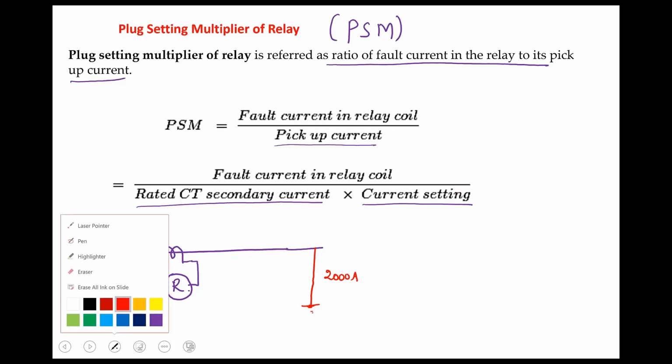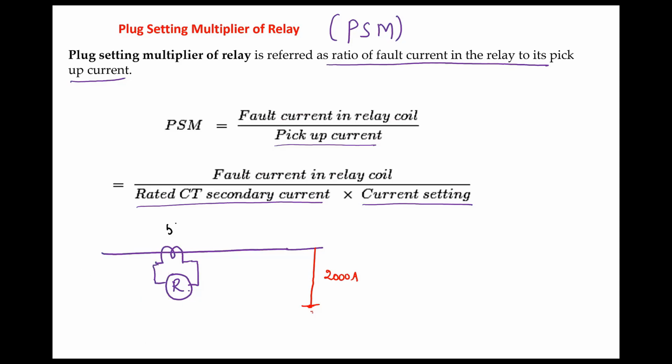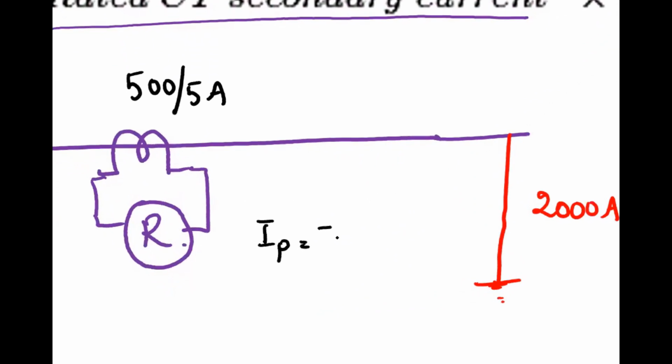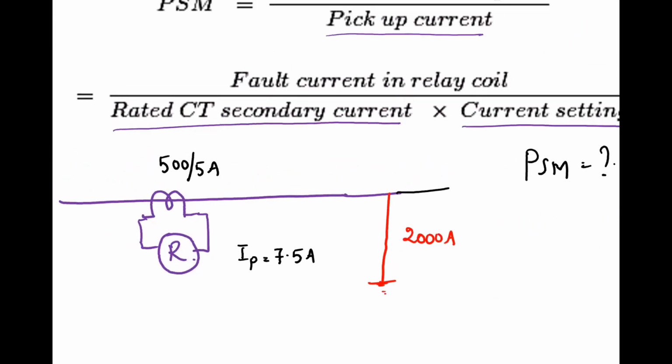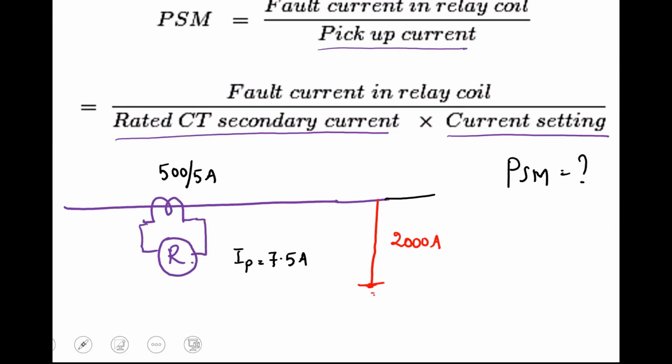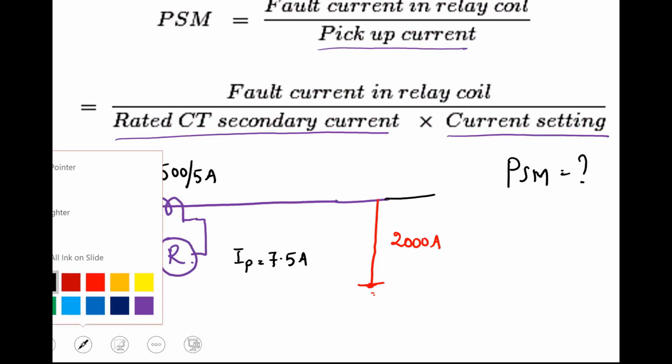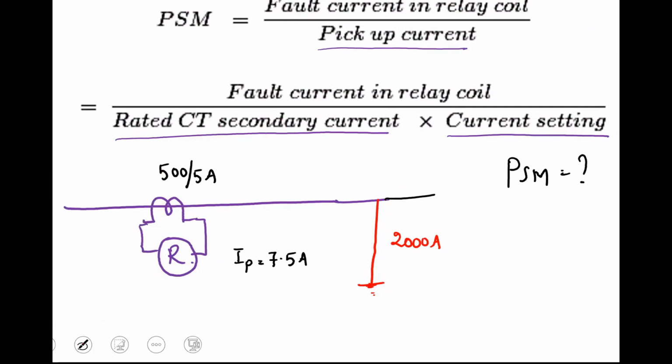The CT ratio is 500/5 ampere and the relay pickup current is 7.5 ampere. This is the line where the fault occurs. If somebody asks what is the plug setting multiplier for this one, first you have to calculate the current flowing through the relay. For 500 ampere, 5 ampere will flow.